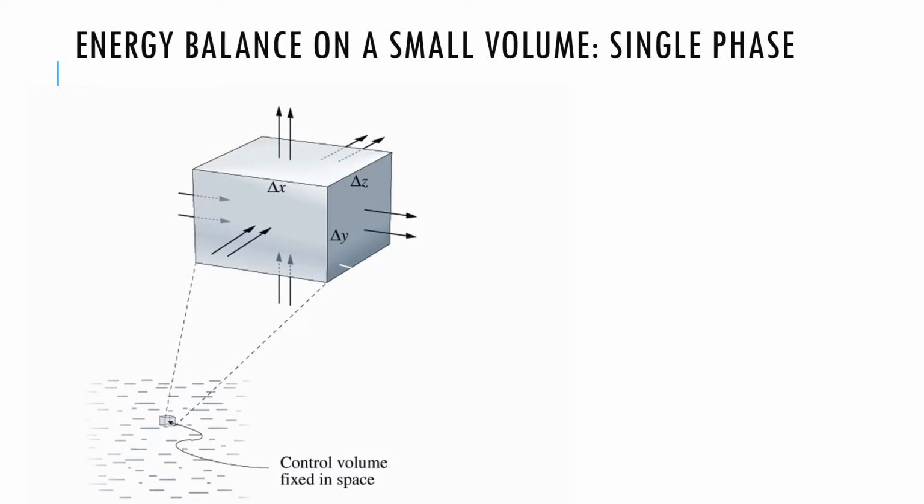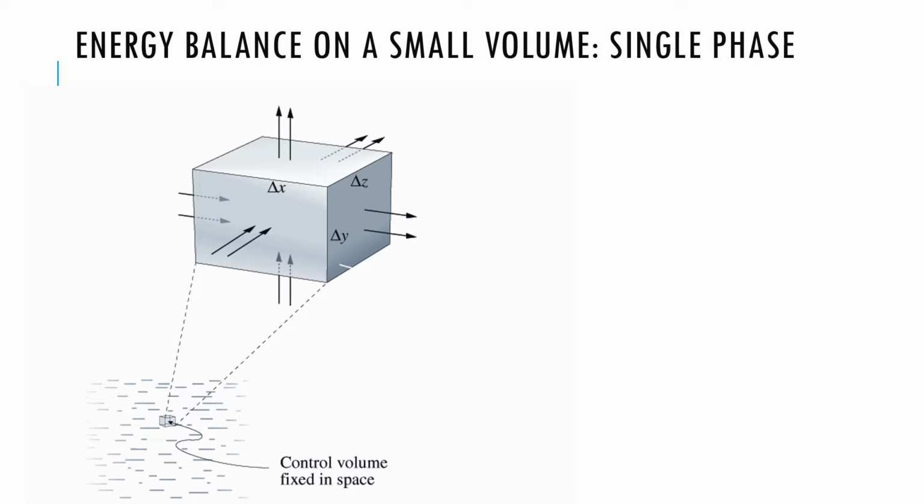Like we did for mass, we're going to first develop the heat equation by doing energy balance on a simple system, like, let's say, single phase system like water, not in a porous media, but just water. How does heat transport? So to do that, we're going to do a control volume analysis.